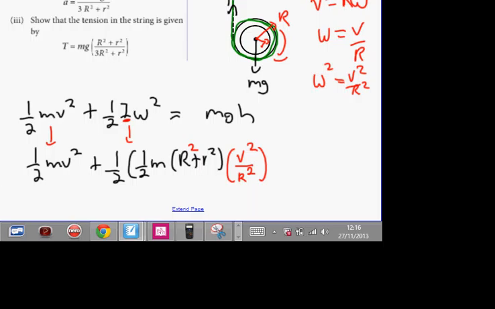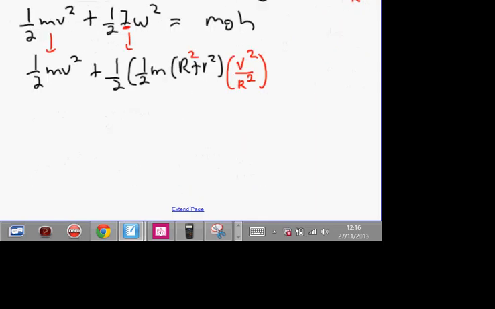Now, what we're going to do next is half mv squared plus a quarter m. Oh, also equals mgh over the other side. Okay?